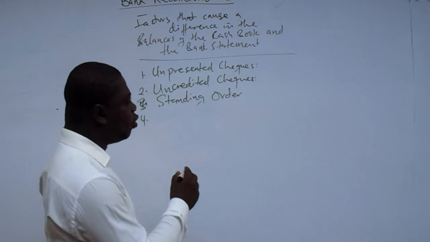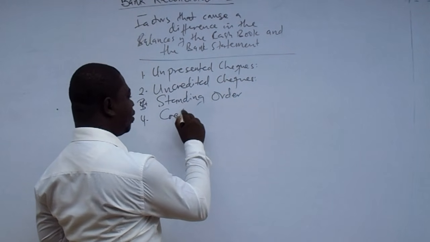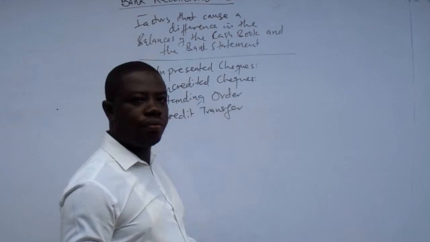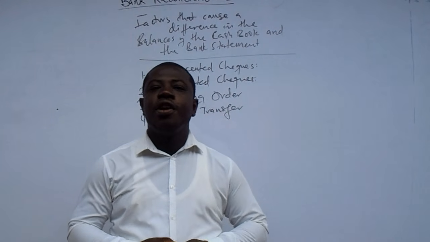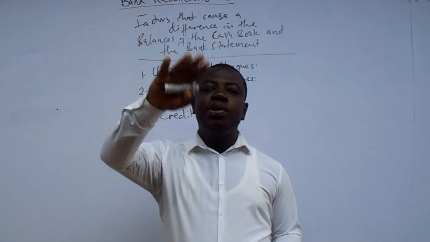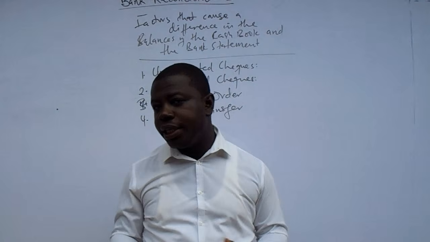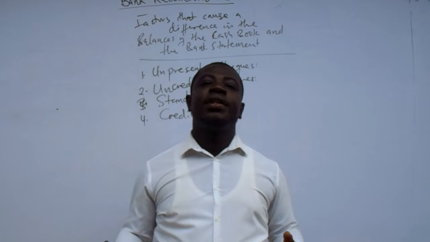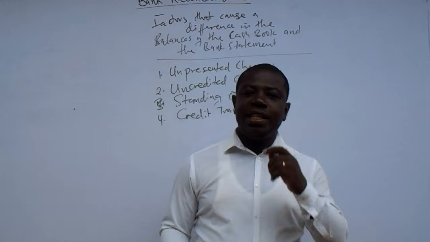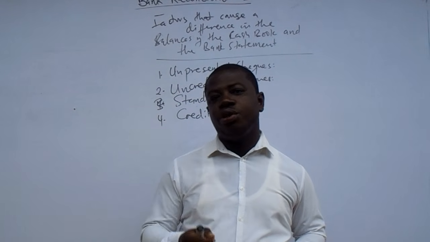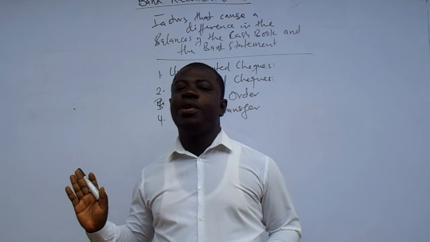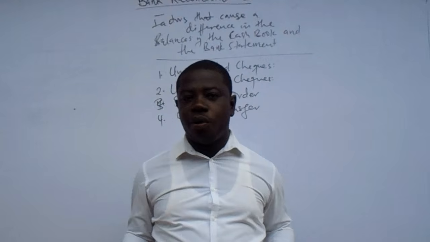The next point we want to look at is the credit transfer. What is a credit transfer? A credit transfer is simply someone putting money into your account without your knowledge. And so when a customer owes you, for example, and instead of the customer writing a check to you directly, the customer decides to transfer money from his account to your account directly, you may not be aware.